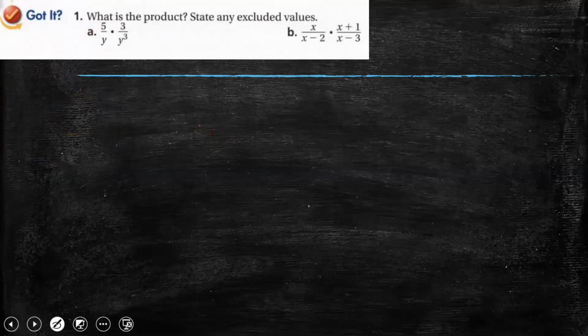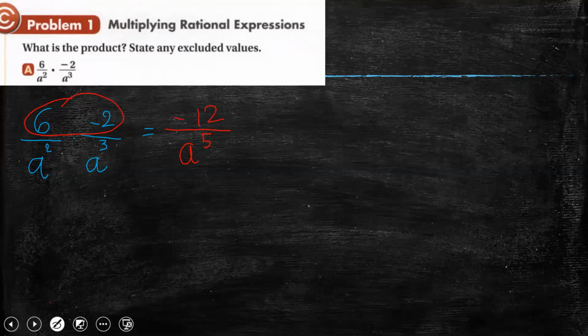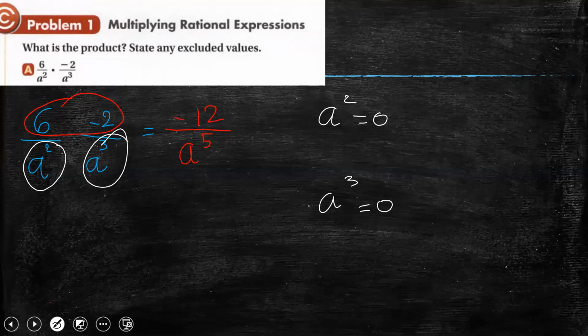Now, what is the product of 5 over y times 3 over y cubed? But before that, let's state any excluded values. To state any excluded values, you have to look at the first denominator and the second denominator and take the zeros of them.